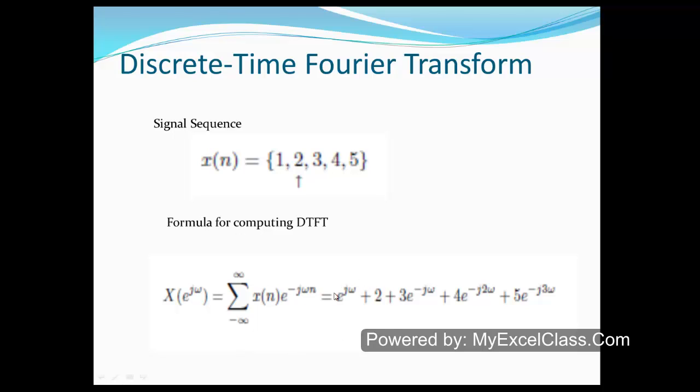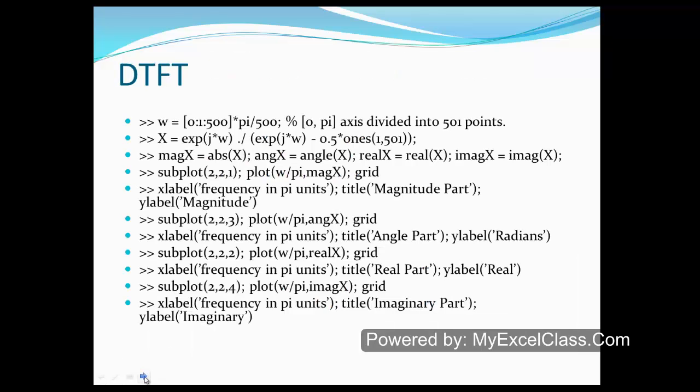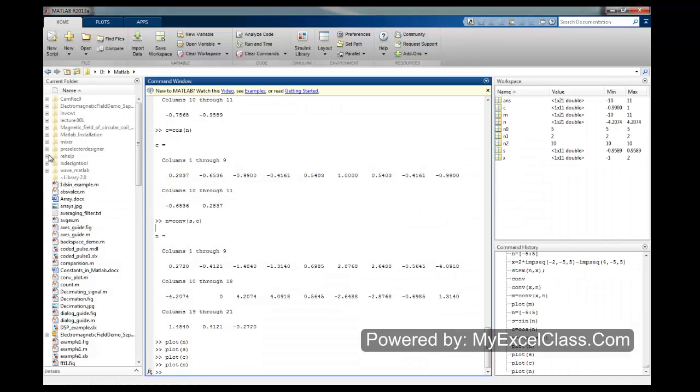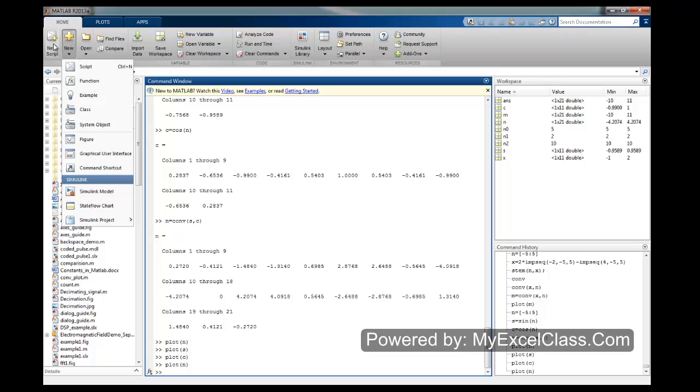It's a summation of e to the power j omega n being multiplied with all the samples, including the 0 sample. So this is the code for representing the discrete time Fourier transform. Let's run this code and see what happens. So I'm gonna open a new script file.